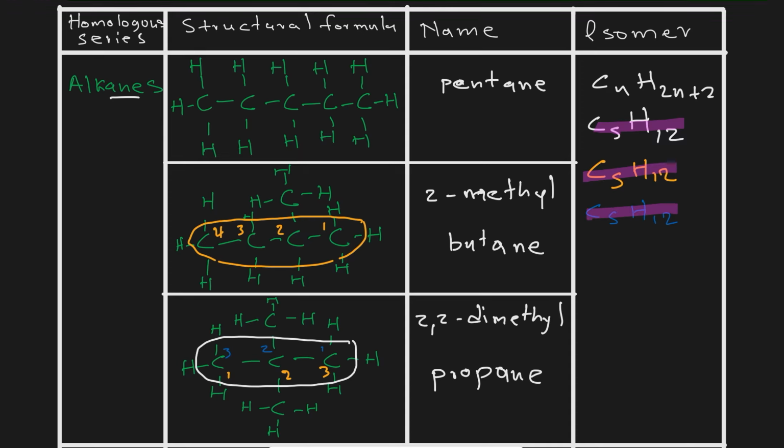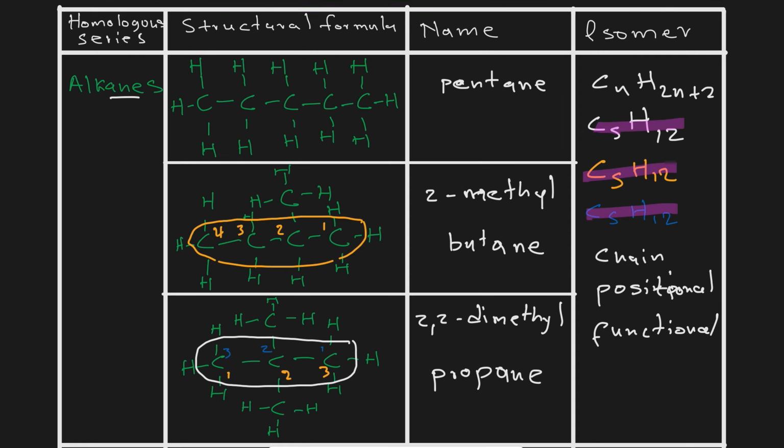So we call that an isomer. We have 3 types of isomers: a chain isomer, a position or positional isomer, and a functional isomer.